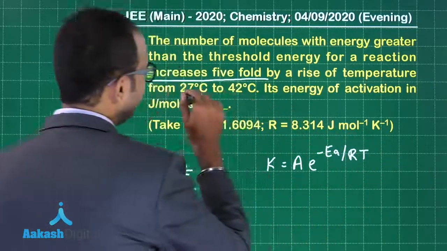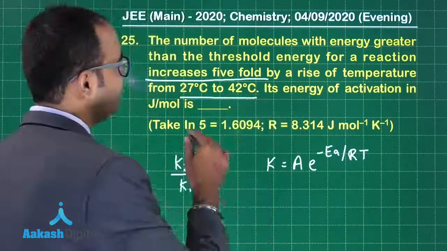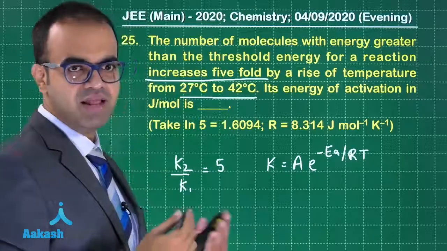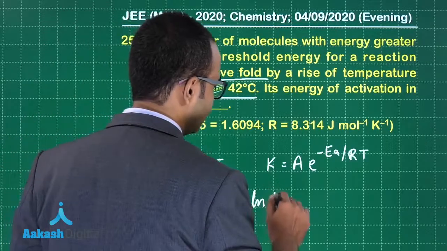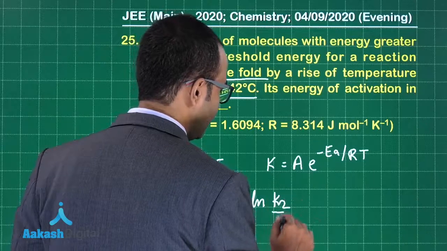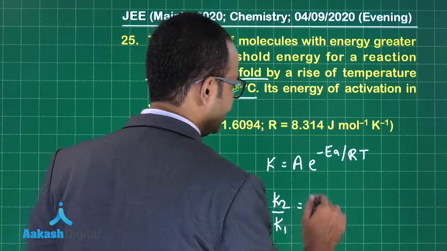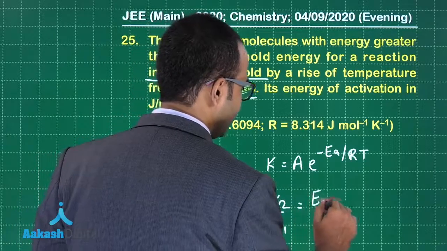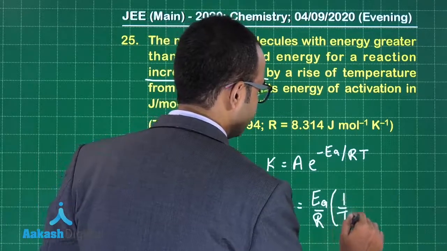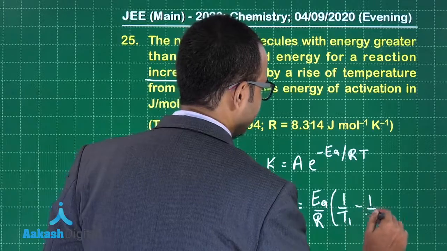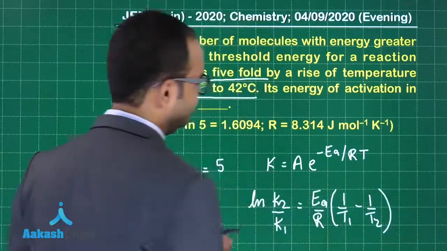Since we have two different temperatures, we'll take it at two different temperatures and apply log. So what we will get is ln K2 by K1 is equal to Ea by R into 1 upon T1 minus 1 upon T2.